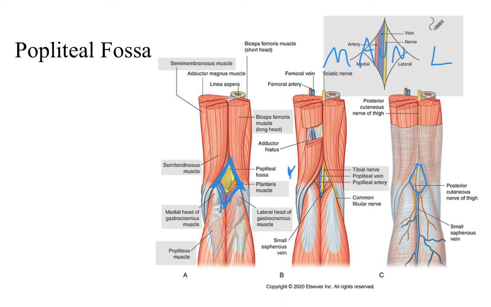So the nerve's going to be closest to the skin of the popliteal fossa. Then the vein is going to be more anterior, and then the artery is going to be more anterior to that. So another way of saying that is the nerve is the most superficial, the vein is deep to the nerve, and the artery is the deepest of those three structures.